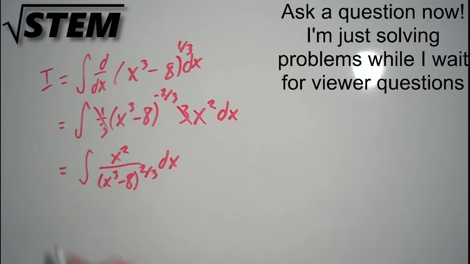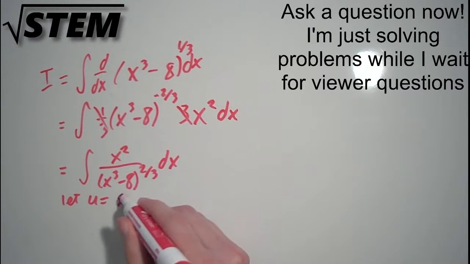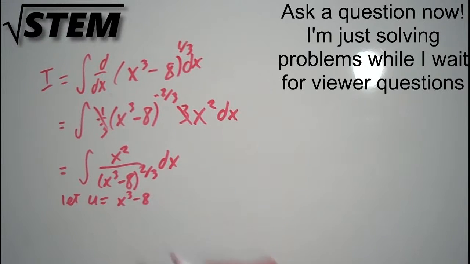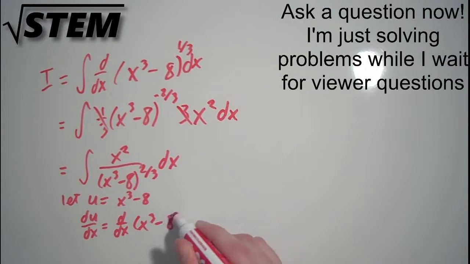Now we can let u equal x cubed minus 8 so that du dx equals d/dx of x cubed minus 8, and the derivative of this, here we would get 3x squared, and the derivative of this constant 8 would be 0.